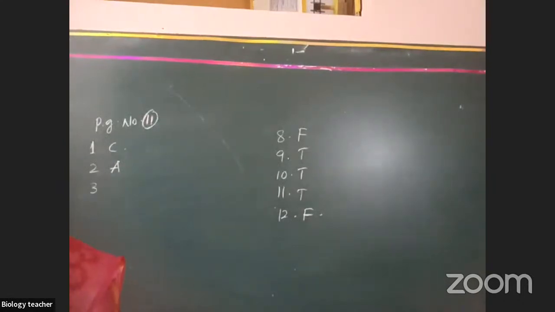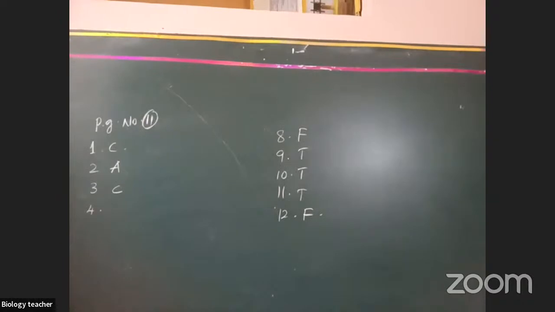Chromosomes are made up of DNA and proteins. Option is C. DNA and proteins. Fourth one. Following are few definitions of osmosis. Read carefully and select the correct definition. Movement of water molecules from region of higher concentration to a region of lower concentration through a semi-permeable membrane.